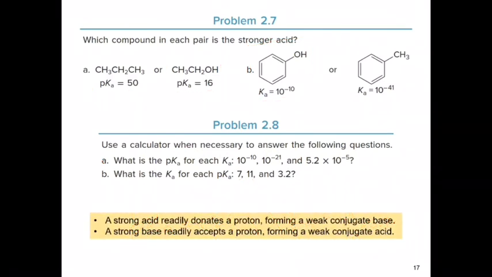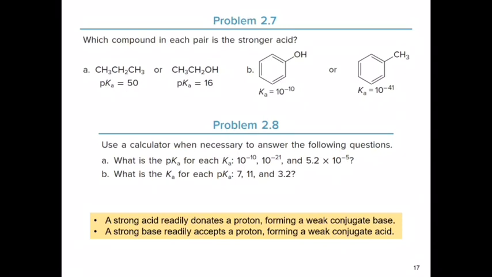So here's a couple of things that you should remember regarding the relationship between strong acids and bases with their conjugate acids and bases. So for example, a strong acid forms a weak conjugate base, and a strong base forms a weak conjugate acid. So let's take a look at an example. Let's say hydrochloric acid.